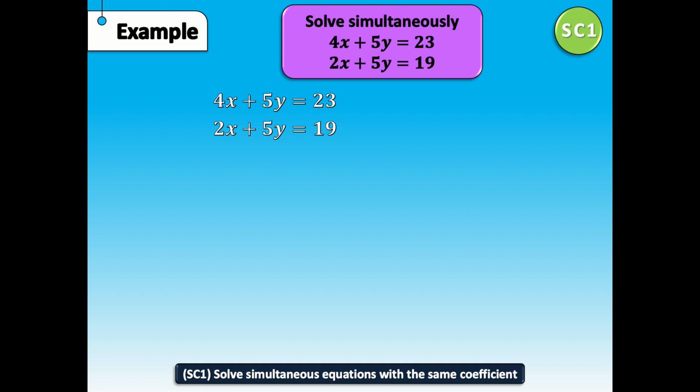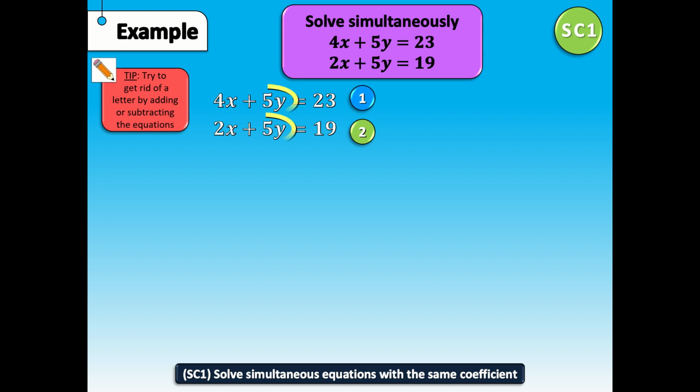So let's have a look at this question here. We want to solve simultaneously 4x plus 5y equals 23 and 2x plus 5y equals 19. So we've got equation 1 and equation 2, and we want to get rid of either the x's or the y's by either adding or subtracting the equations. Now we look at which ones are the same.